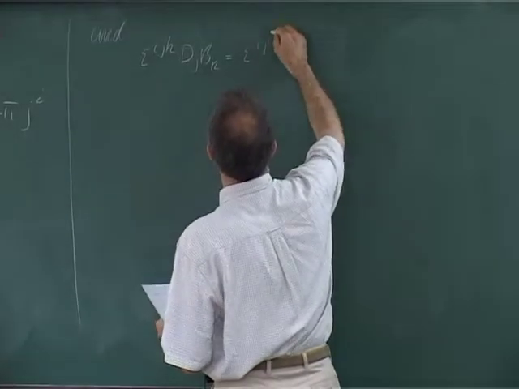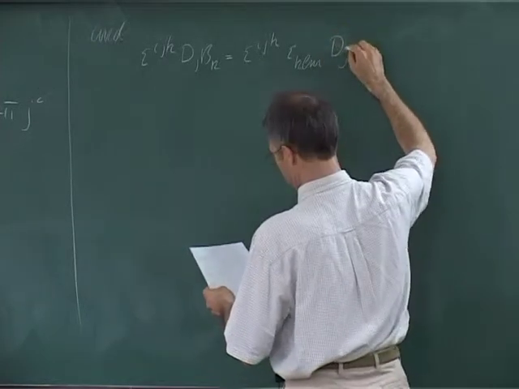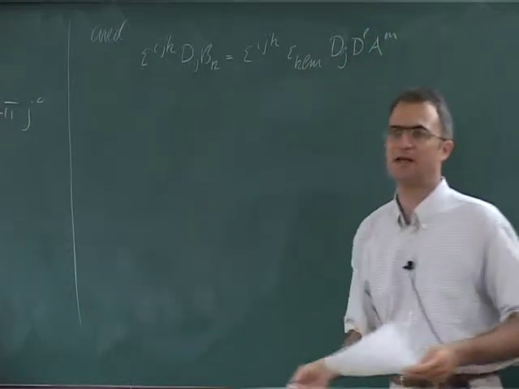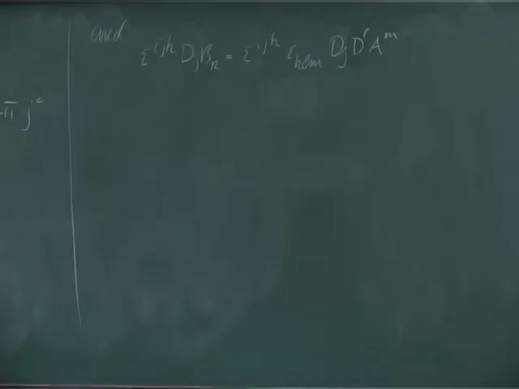So this is epsilon_ijk epsilon_klm d_j d_l A_m. Now, what do you get if you take the curl of the curl? It's the gradient of the divergence minus the Laplace operator. Let's see how that comes out of this.